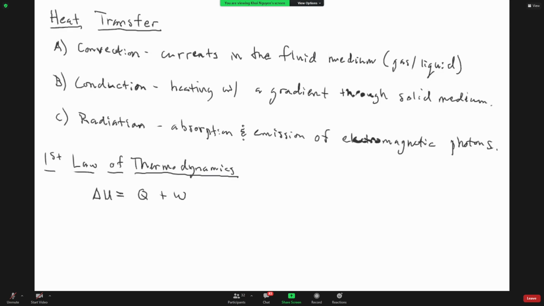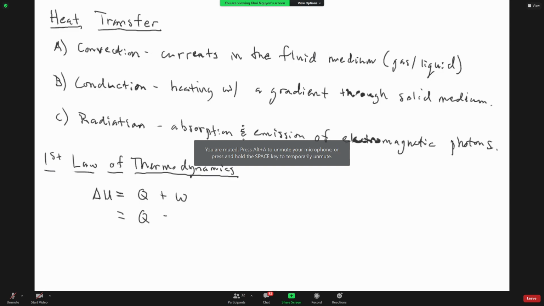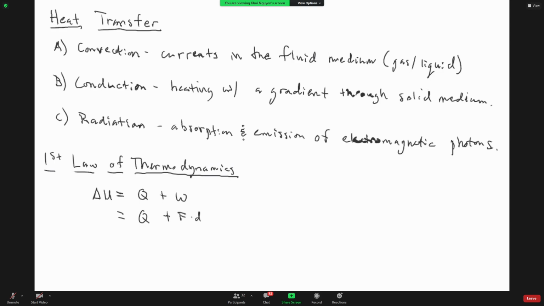So we can convert work into force times displacement, and we can also convert work, when we did it with Bernoulli's and with fluids, into pressure and the change in volume, right?